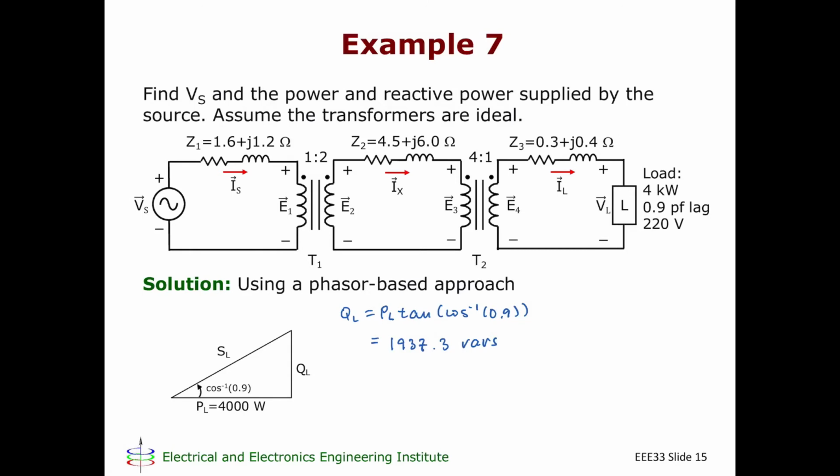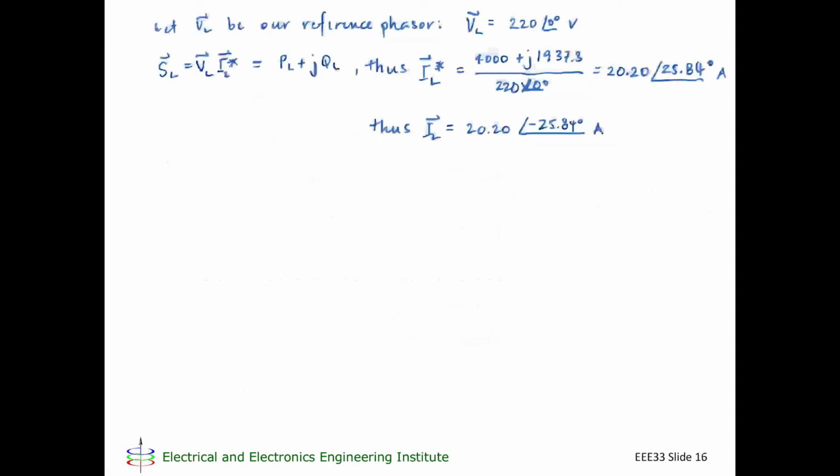But the voltage across Z3 is equal to the phasor current I of L multiplied by Z3. So E4 is equal to I of L multiplied by Z3 plus the voltage across my load.